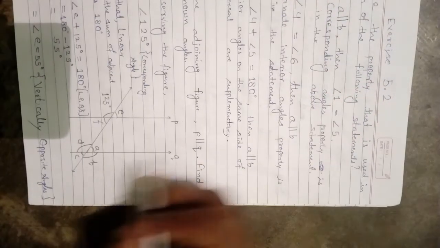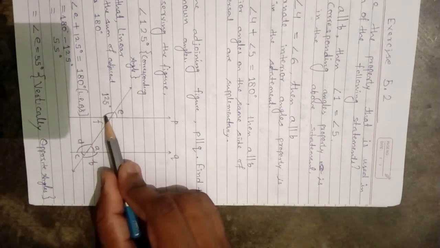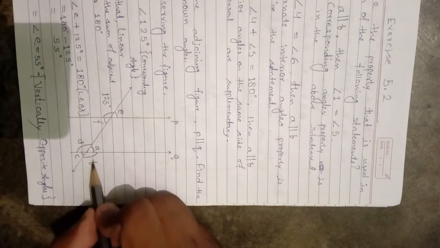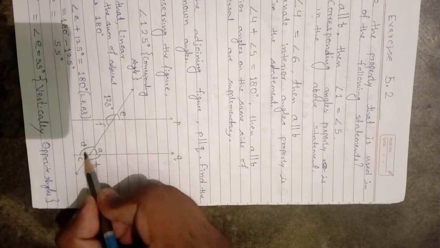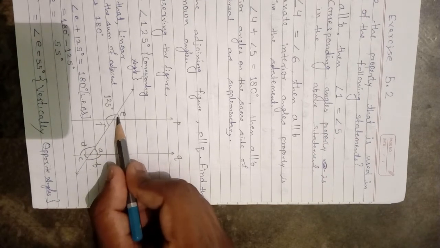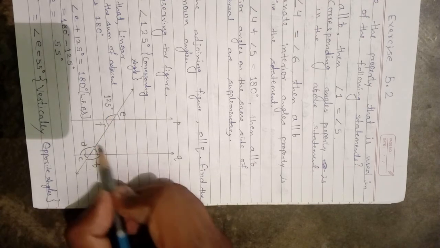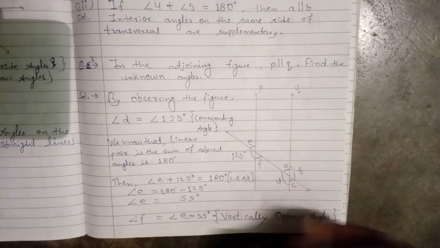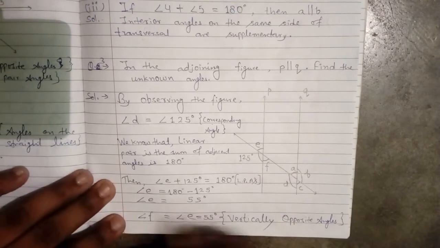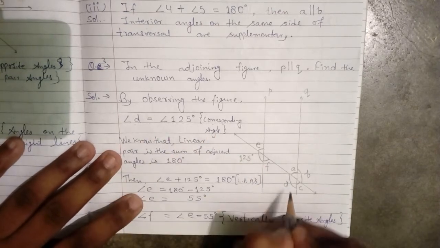This is angle D interior, 125 exterior, and they are not sharing the same vertices, they are different, though they are on the same side of transversal, and they are corresponding angles. And corresponding angles are of equal measure. So corresponding angles, angle D is equal to 125.